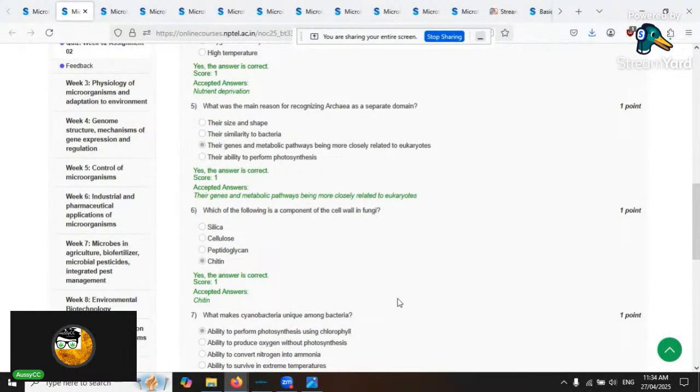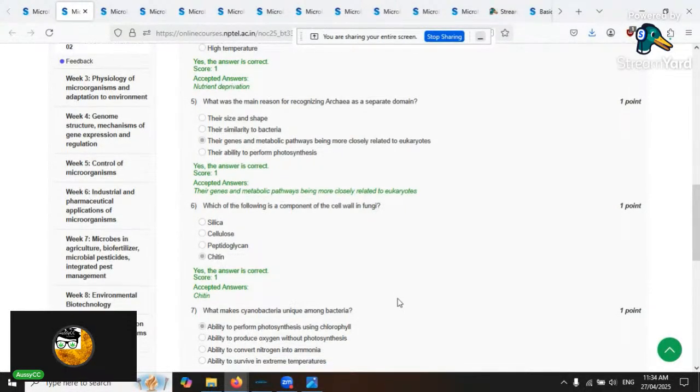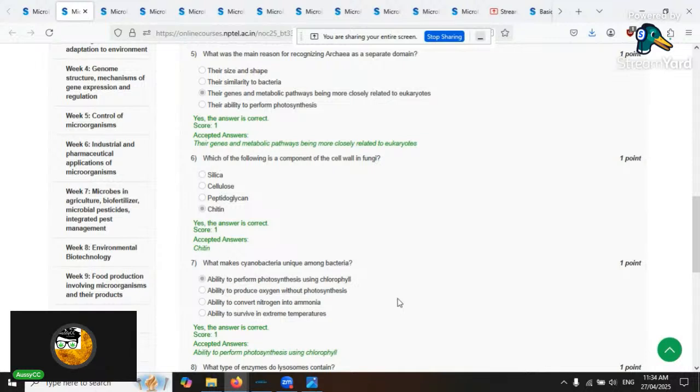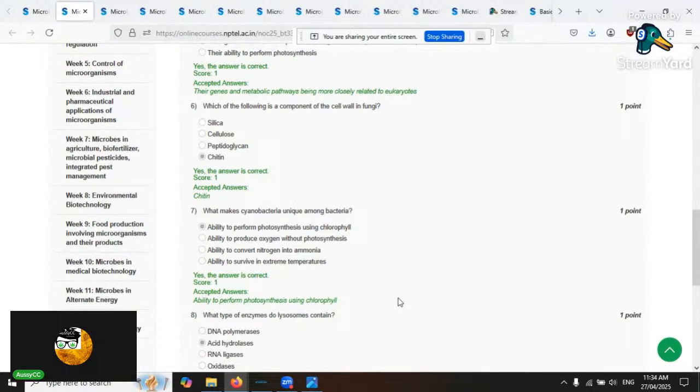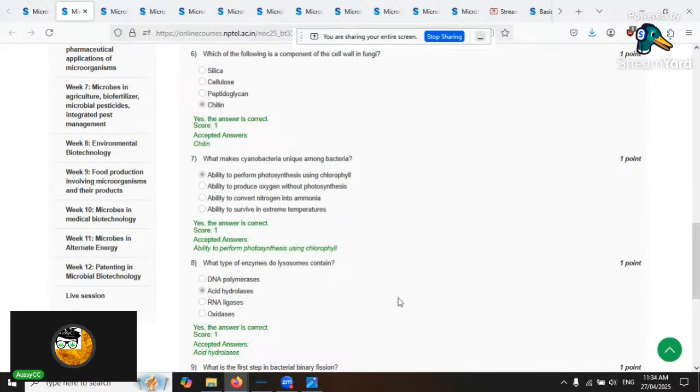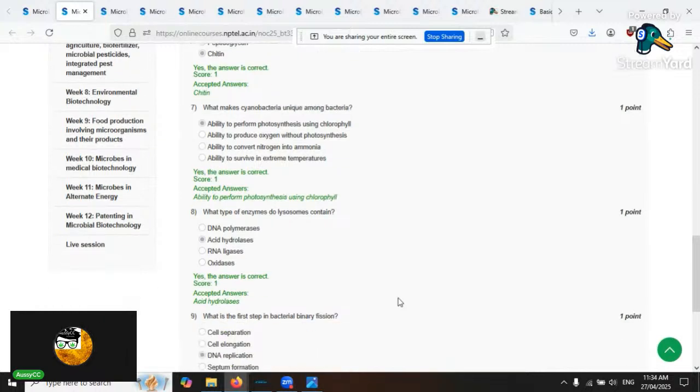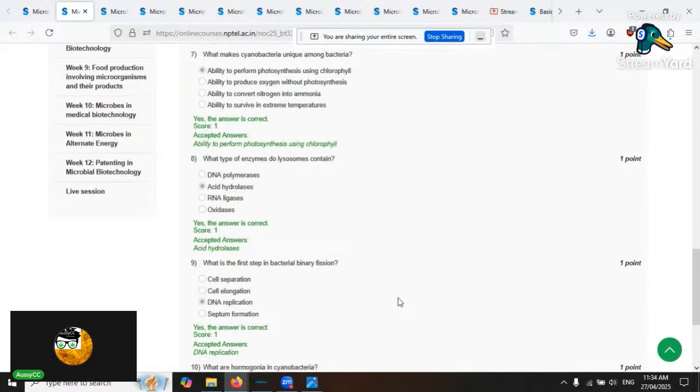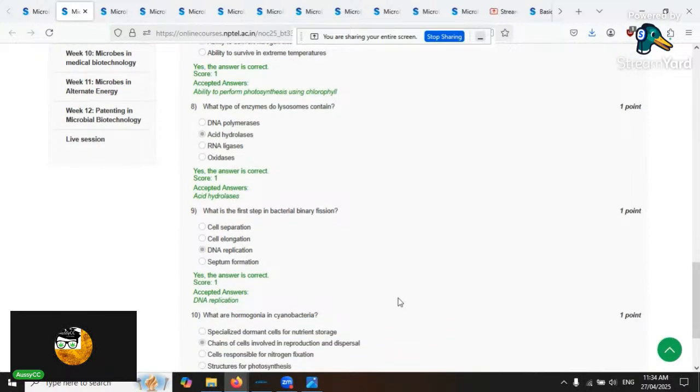Its ability to perform photosynthesis using chlorophyll. What types of enzymes do lysozymes contain? Acid hydrolases. What's the first step in bacterial binary fission? DNA replication. What are hormogonia in cyanobacteria? The chains of cells involved in reproduction.